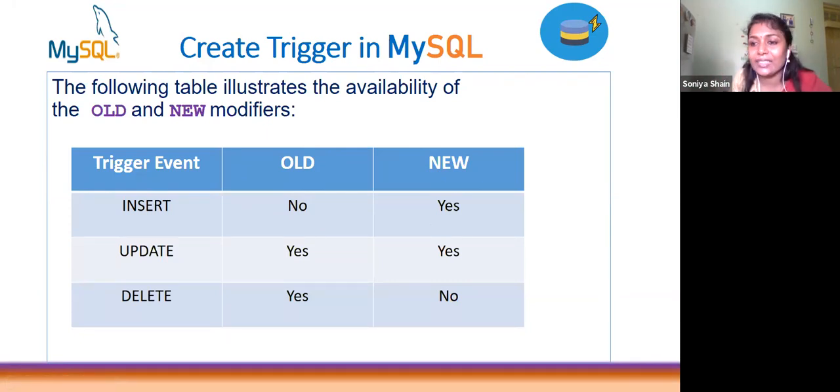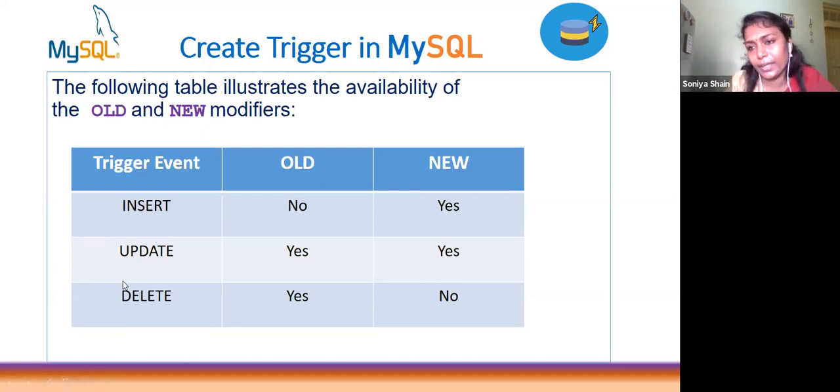How will you access that value? NEW dot field name. If you use OLD dot in insert, the syntax is wrong, because in the insert case there is no concept of the old modifier. Because you are inserting new data, the previous value is not there. So only new exists in the case of insert.